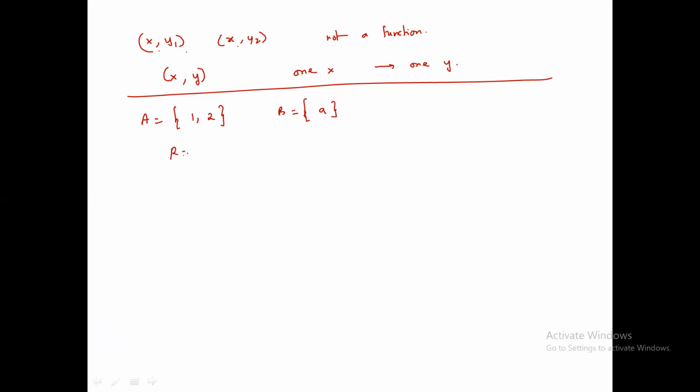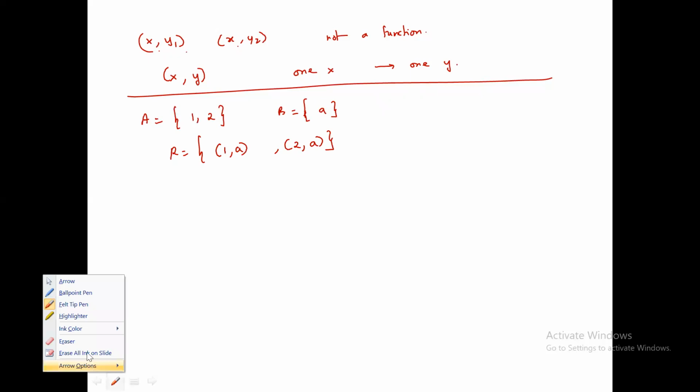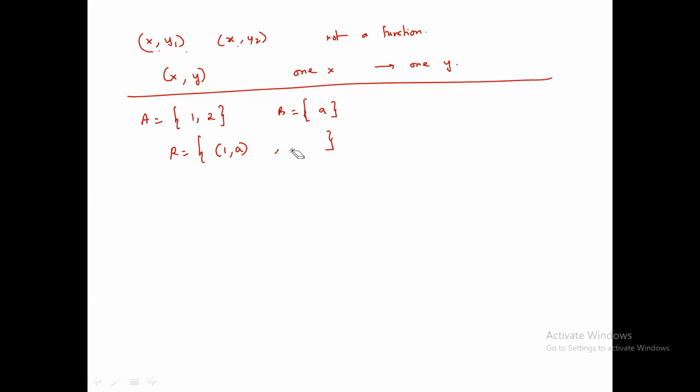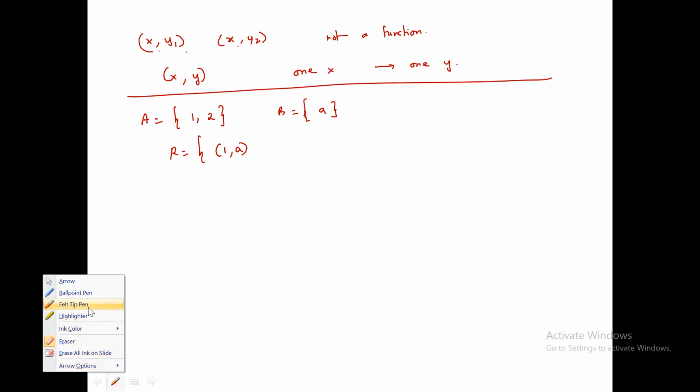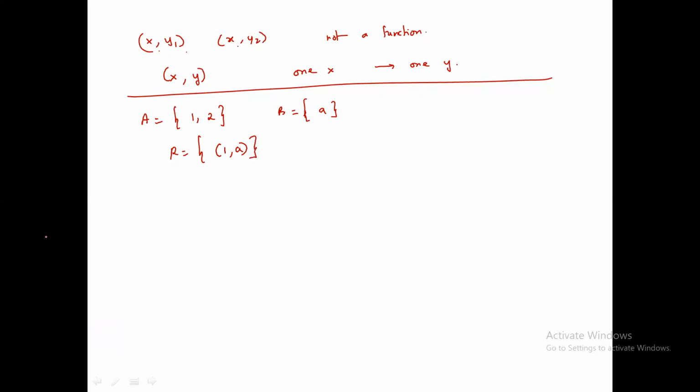Now if I write the relation, 1 is matched to a. And if I write 2 is matched to a, that's okay. But if I won't write 2 is matched to a, I'll just write 1 is matched to a and leave it, then what is happening? I have matched 1, but I left 2.